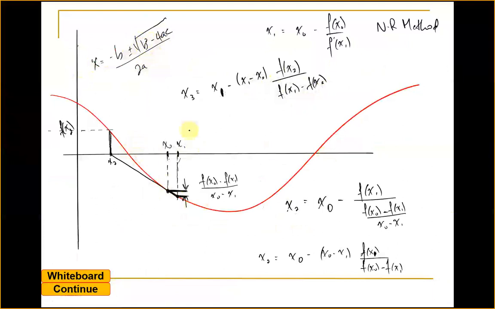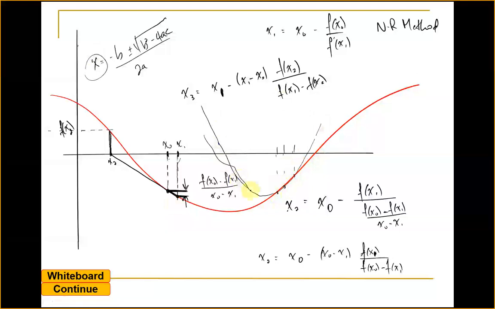So that's all it does. You pick 3 values, you start with 3 locations, let's say that, that, and that, and then it says, okay, using those 3 I'm going to fit a quadratic to those 3 points, and with that quadratic find the root. The quadratic might be something like this. Sorry, not so pretty, but you get the general gist.